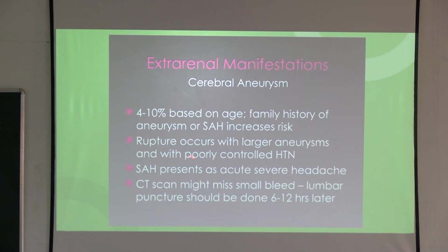Okay, rupture occurs with larger aneurysms and with poorly controlled hypertension. So, a cerebral aneurysm, that is the saccular dilatation of the cerebral arteries, may be undiagnosed if the patient has no other comorbidity.